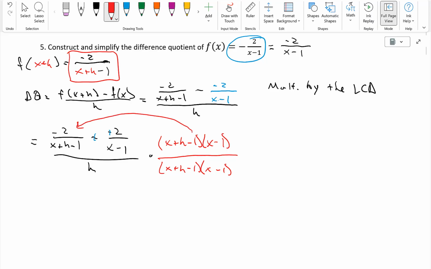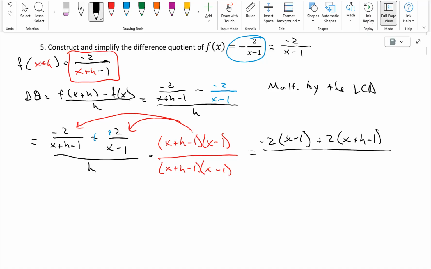So we're distributing through the first and second terms up here in the numerator. When we do that, our first term turns into a negative 2 times x minus 1, as the x plus h minus 1 is divided out. And when we go into the second term, we get a plus 2 times our quantity, x plus h minus 1, as those x minus 1s are divided out.